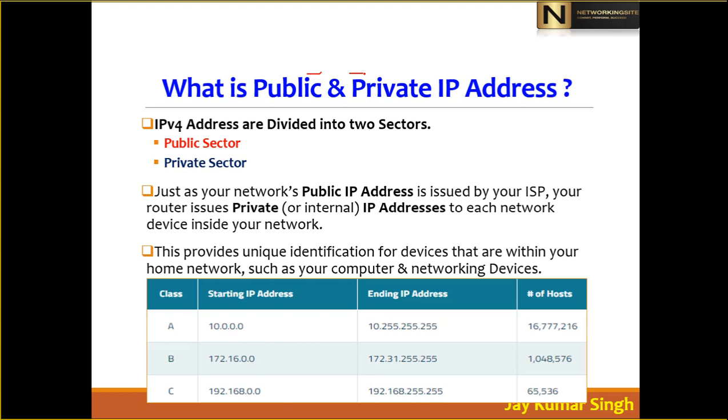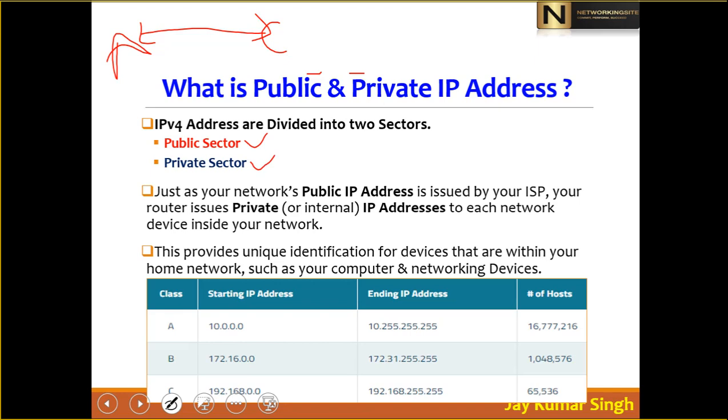Whatever IP addresses we have learned from class A to class C are all IP addresses, but those IP addresses are divided by IANA, the Internet Assigned Numbers Authority, into two sectors.